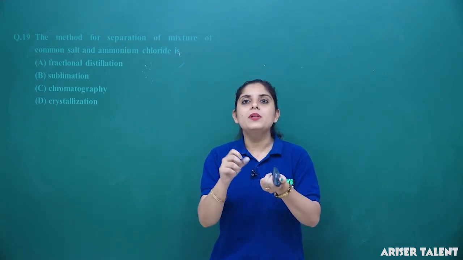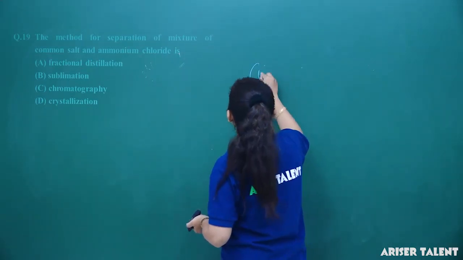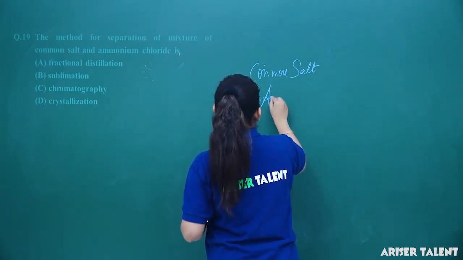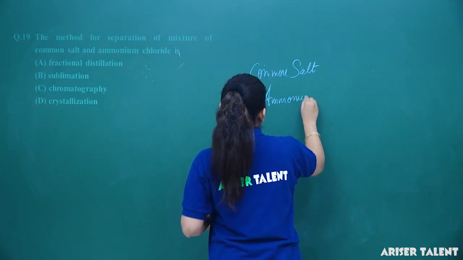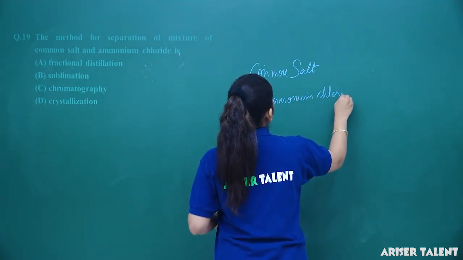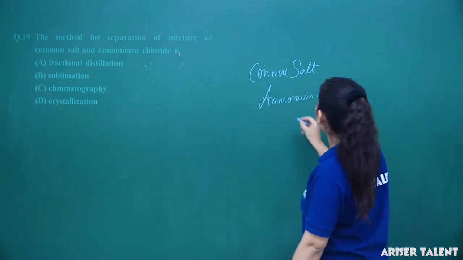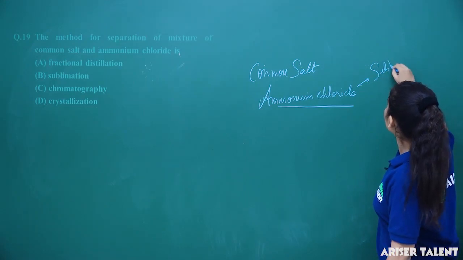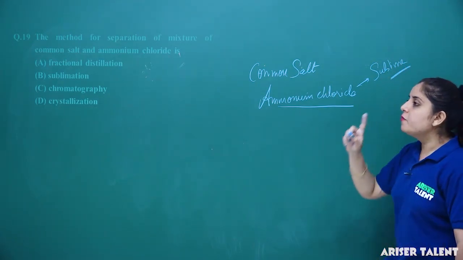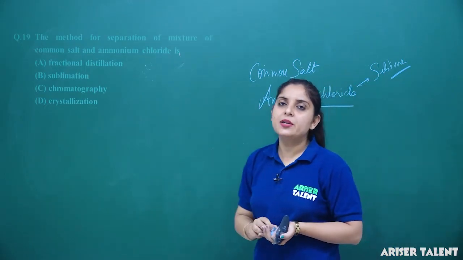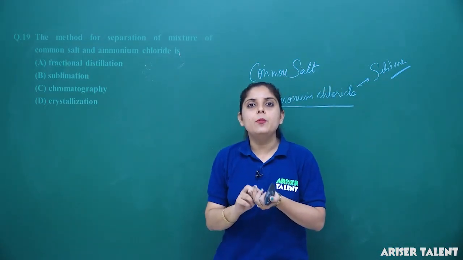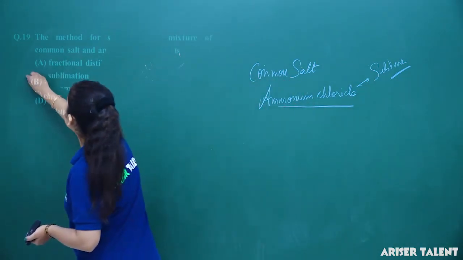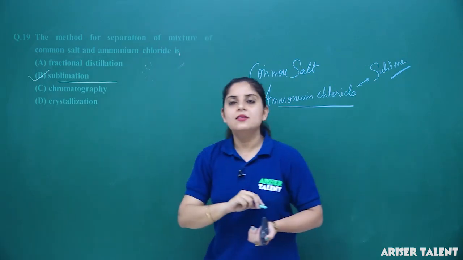Common salt and ammonium chloride. We know that among common salt and ammonium chloride, ammonium chloride has a tendency to sublime very easily. If one substance among two can sublime easily, we will adopt only one method, that is known as sublimation. Clear? So option number B will be correct, that is sublimation.